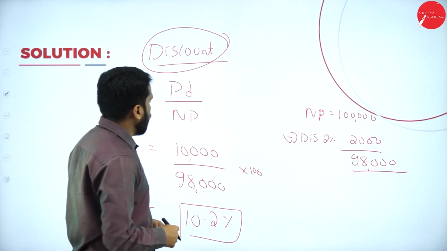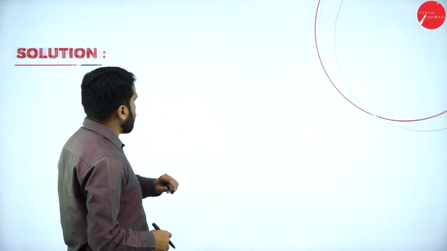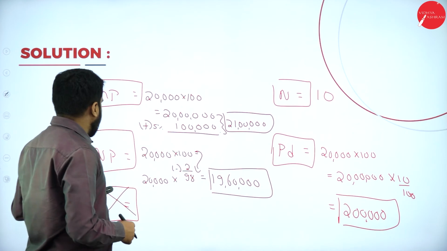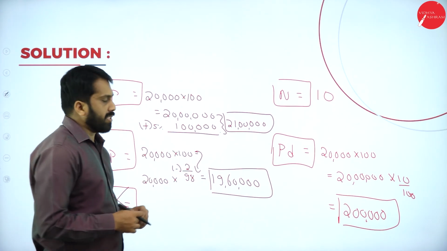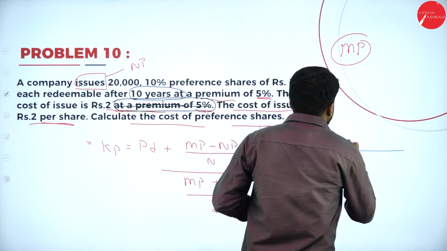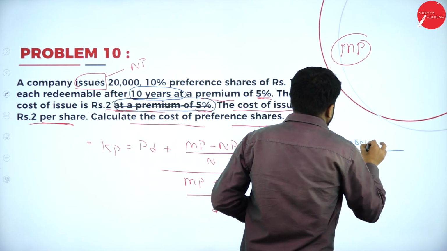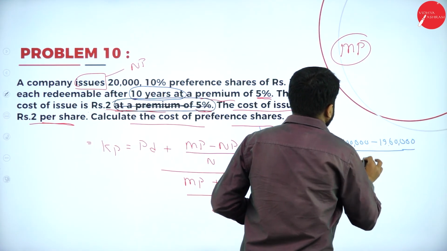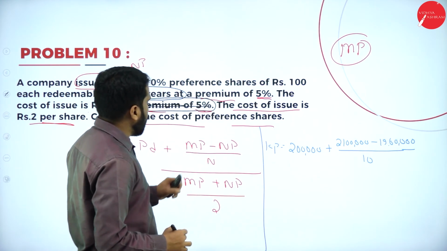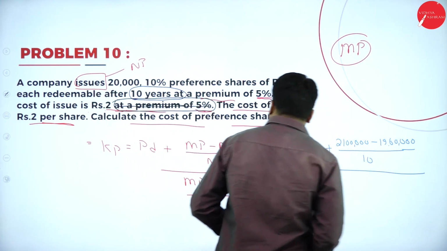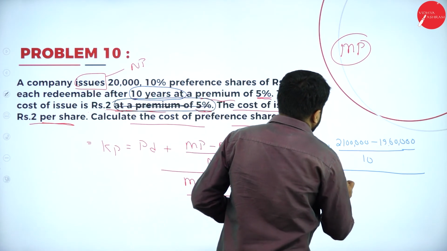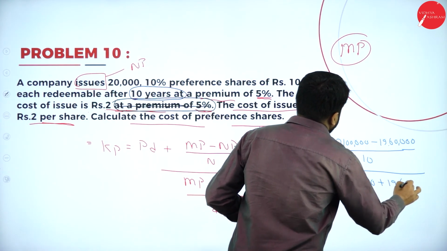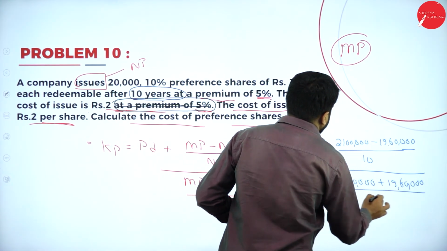Number of years is 10. MP is 21 lakh minus NP 19,60,000, over number of years 10. Similarly, whole divided by (MP plus NP) divided by 2. MP is 21 lakh plus 19,60,000, whole divided by 2.